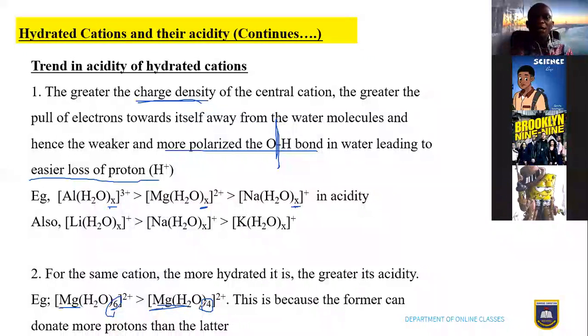Because if you are more hydrated, it means you have more protons to donate. The more water molecules you have, the more protons you have to donate. It makes you a stronger acid. The strength of an acid is also assessed by how many protons you donate. If you have more protons to donate, you are a stronger acid. That's what it means.